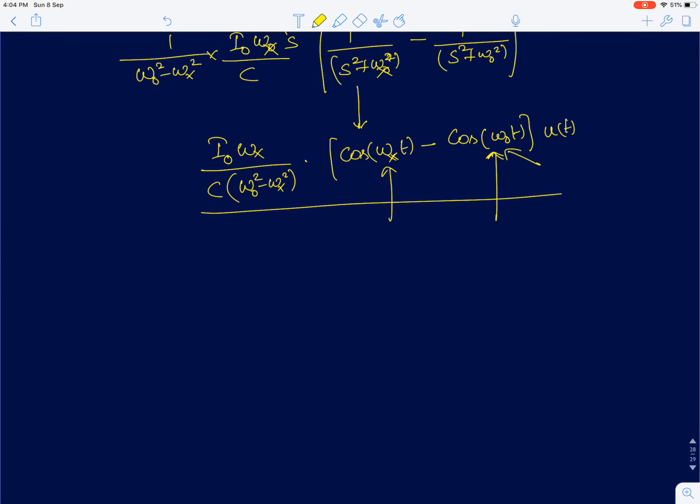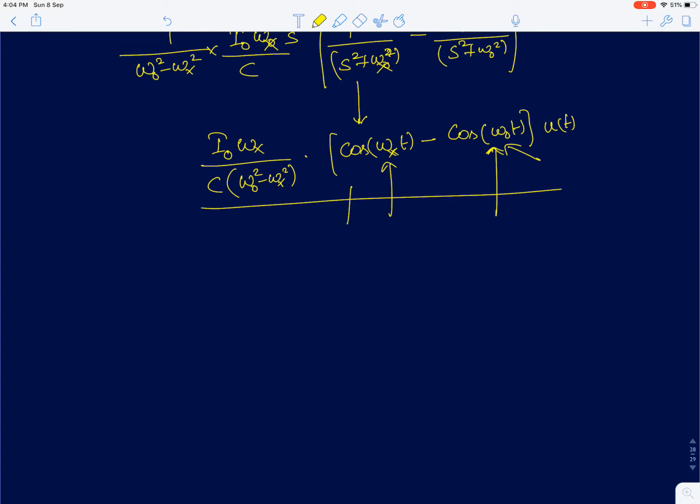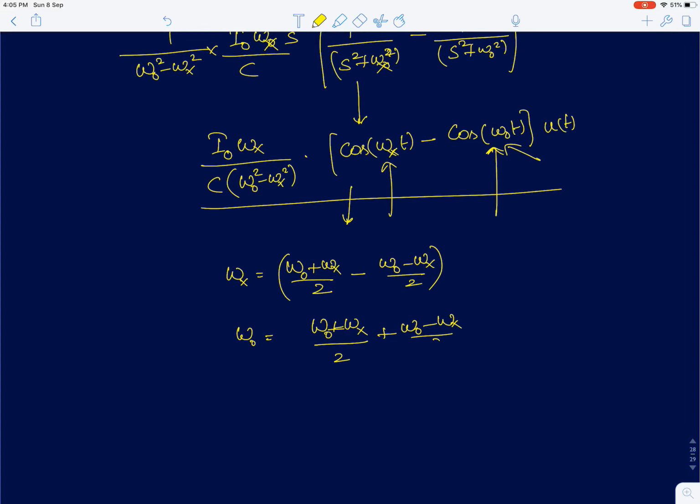Now this equation, I can reduce to a form like this. I can write omega x as omega naught plus omega x by 2 minus omega naught minus omega x by 2, and omega naught as omega naught plus omega x by 2 plus omega naught minus omega x by 2.